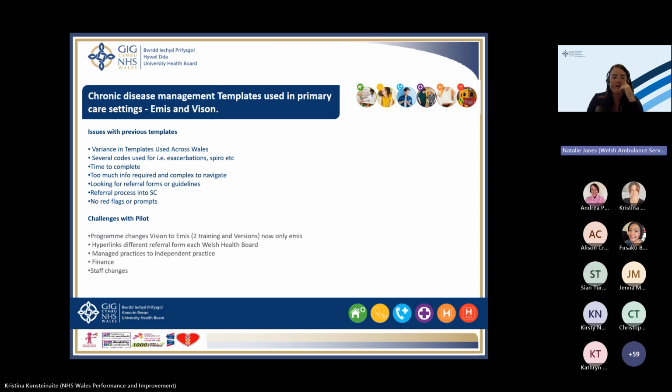Obviously with any change, we can have staff changes, with our general practice nurses or specialist nurses leaving practices and new GPNs joining, and there are financial implications as well in relation to any new system. But luckily, with the support of ACT and the support of AZ and Tritech, who supported us with the audit, we've been able to do the tweaks and the changes and develop what we need to ensure we've got a robust template to roll out. Next slide, please.